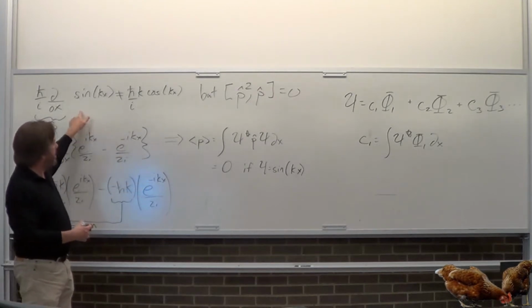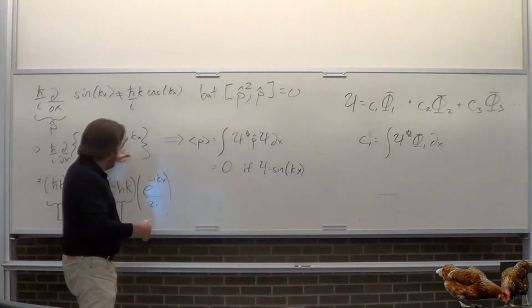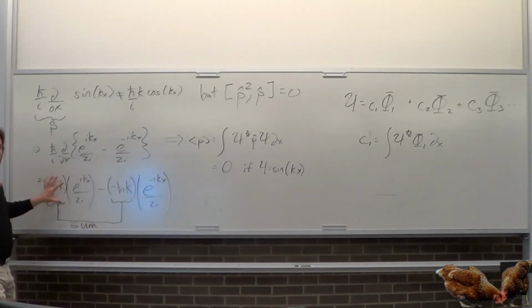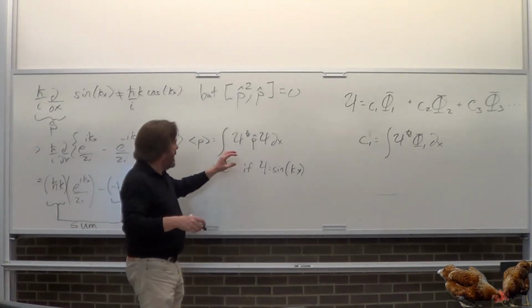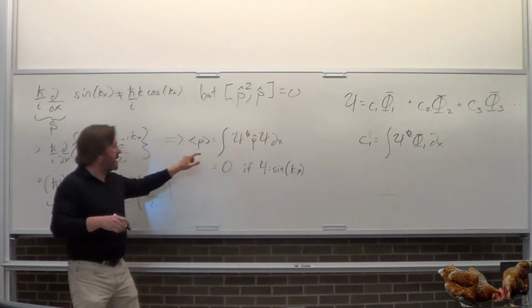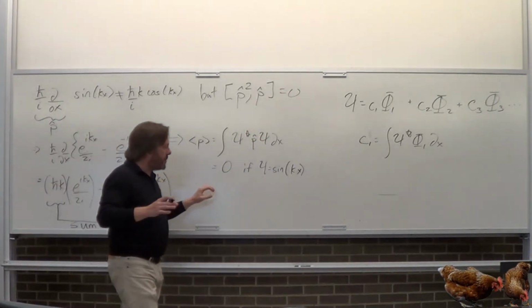So sine doesn't work, but it's a sum of wave functions that do. And you can either solve it this way, which is way easy, and it's what I really want you to do on the homework because it's way easy. You can do it this way as well. And note that when I showed that this worked, I actually used this as part of the proof. So anyway, just wanted to review.